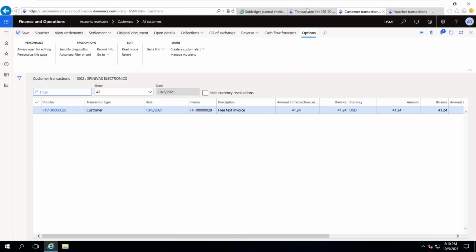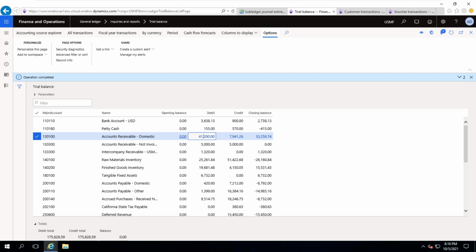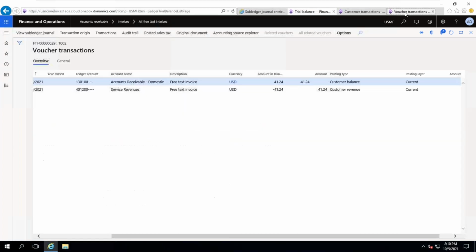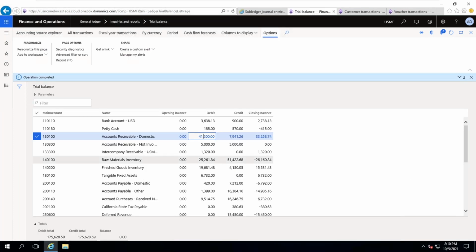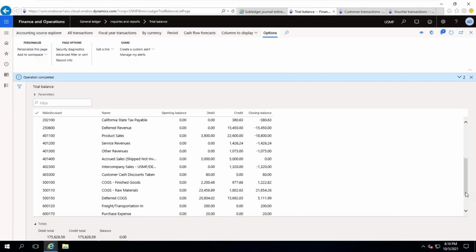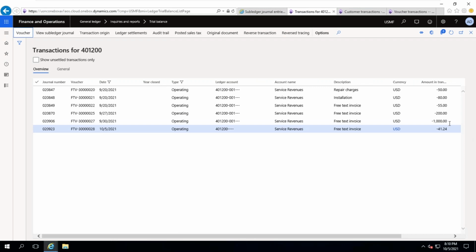Okay, it was posted to 130,100 and this is debit, and credit is 401,200. So if you go to 401,200, it will post credit, $41.24.